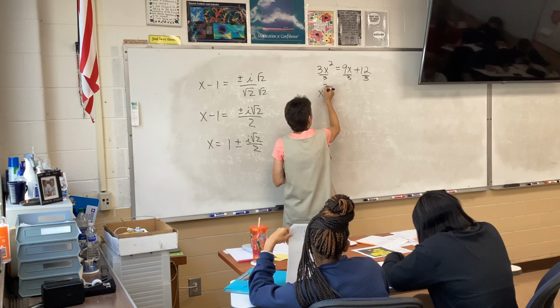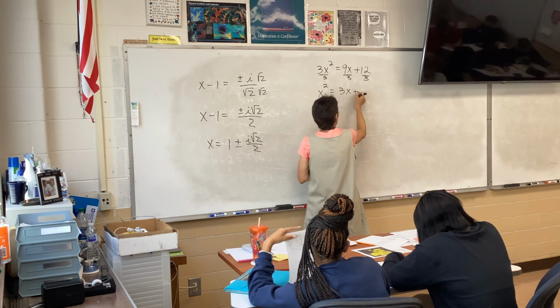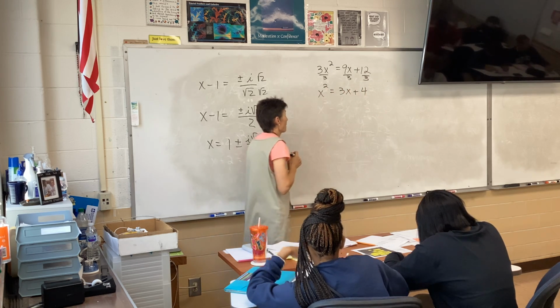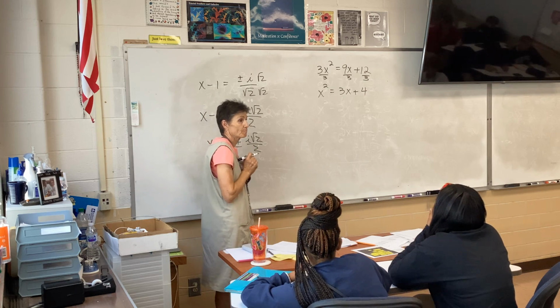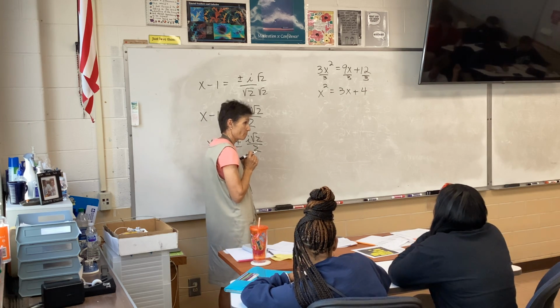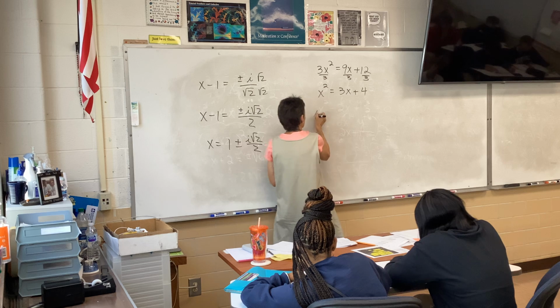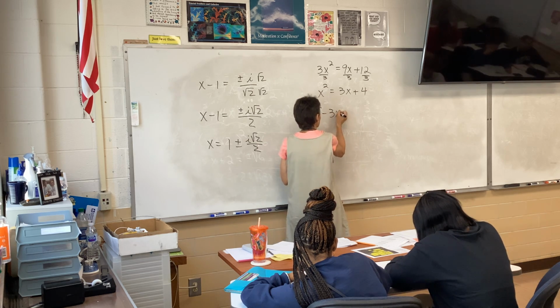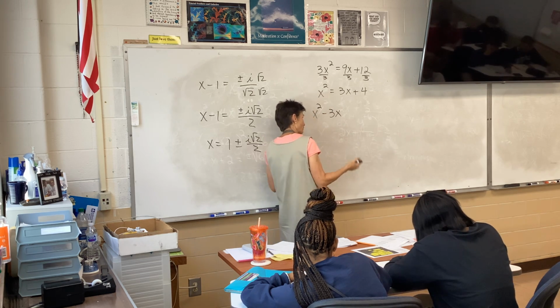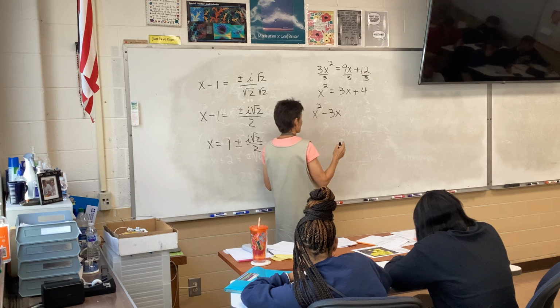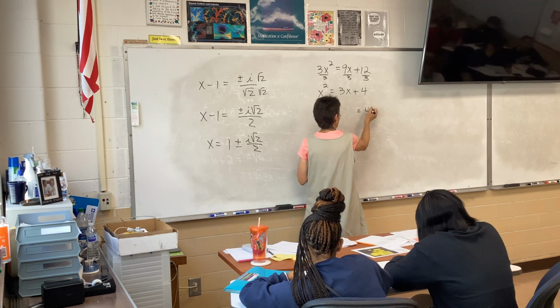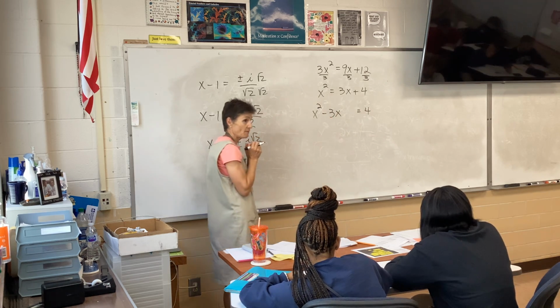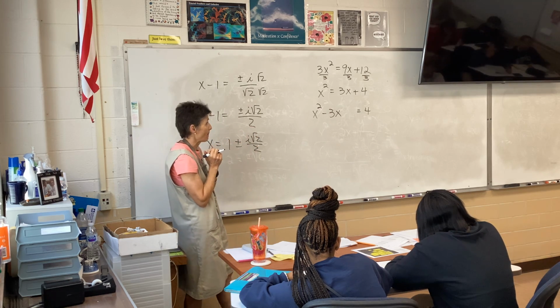So x squared equals 3x plus 4. Subtract 3x over. So x squared minus 3x. And normally we shoot for getting 0, but Robbie says that'd be a waste of time because I just want that 4 to stay over there, right? If I'm completing the square.